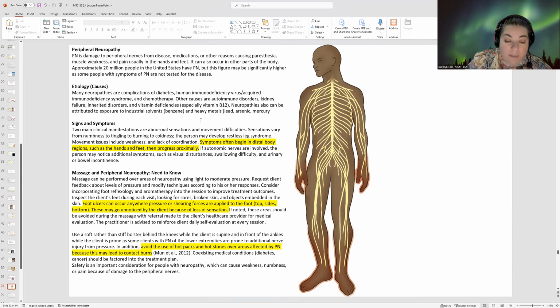Do not use hot packs and hot stones because you can potentially give them contact burns because they won't be able to tell you that it's too hot and that it needs to be moved. A side note on hot stones, I have seen new therapists pick them up with tongs.